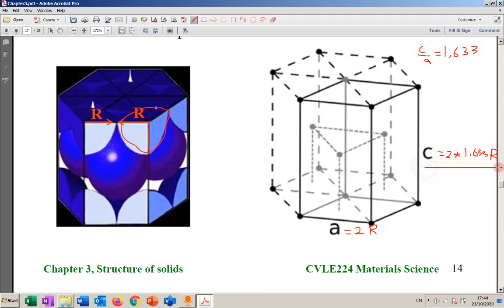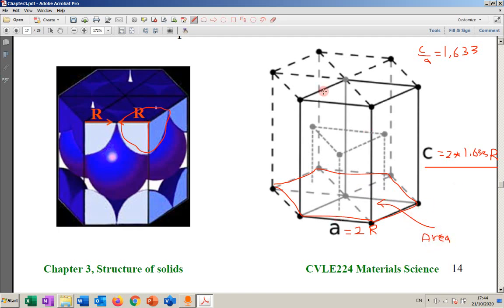This is the ideal ratio between C and A and R that we can use to calculate the volume of this hexagonal. Now the volume of a hexagonal is not a cube. Now it's the area of this base times C that is going to give you the volume.